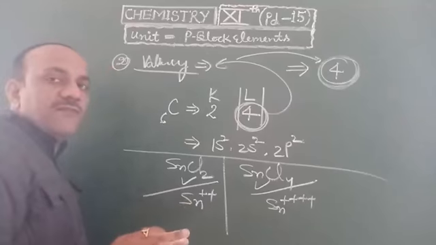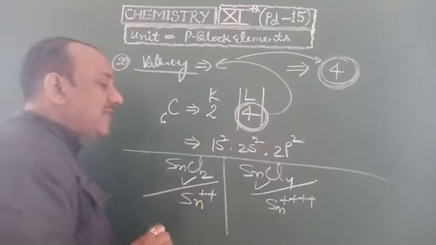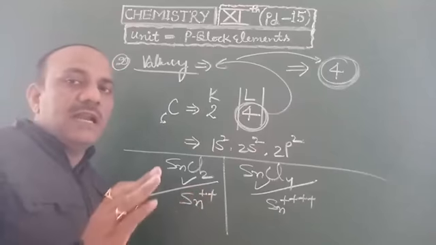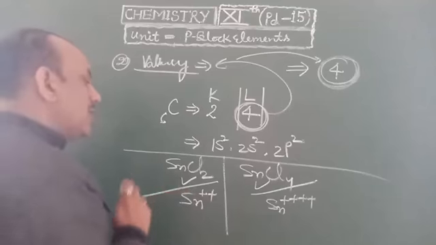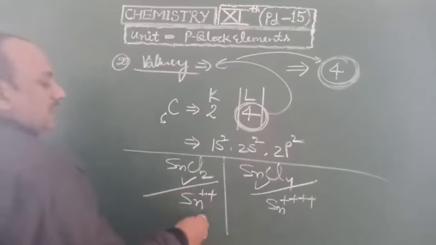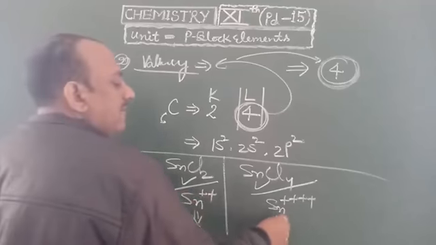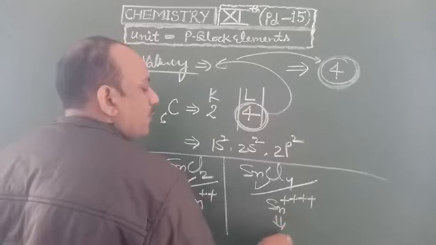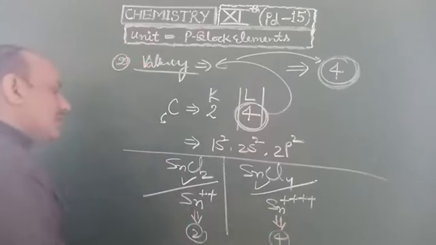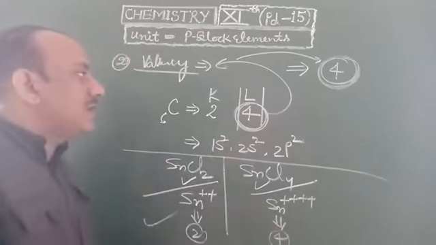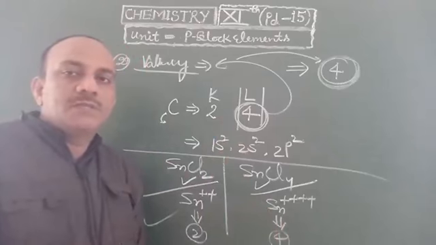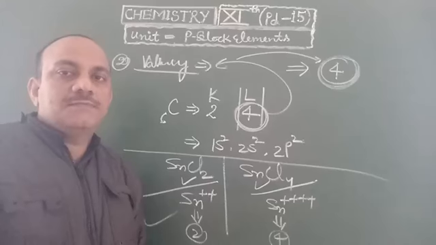In the case of ionic valency, or electrovalency, they show their charge. So here the valency of Sn2+ is 2 and the valency of Sn4+ is 4. So it shows a bivalent condition and a tetravalent condition.